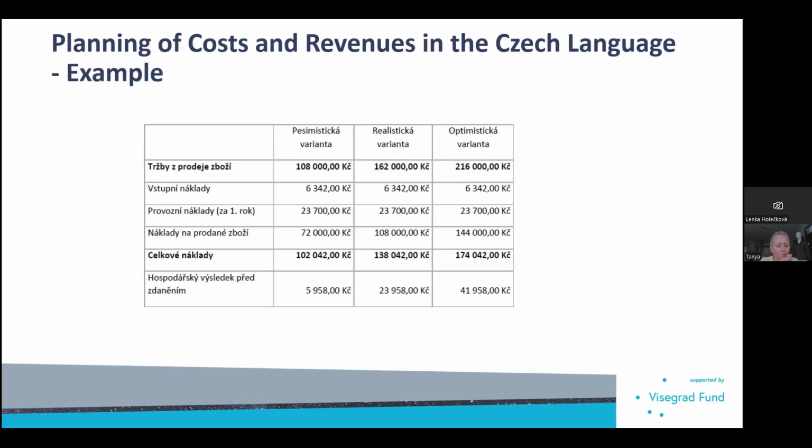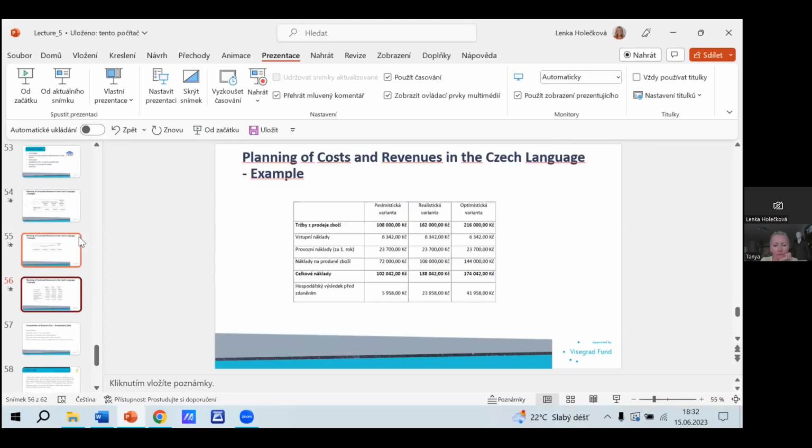Okay, and now I would like to focus on one video that will remind you of setting up a craft business and some steps that are connected with it, and then short information about the limited liability company, because today we discussed these two forms, and for the purpose of next week, I suppose that most of you will have a business plan that is connected with these two forms.